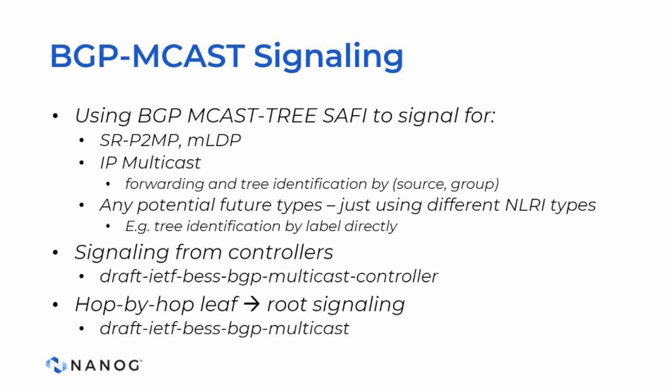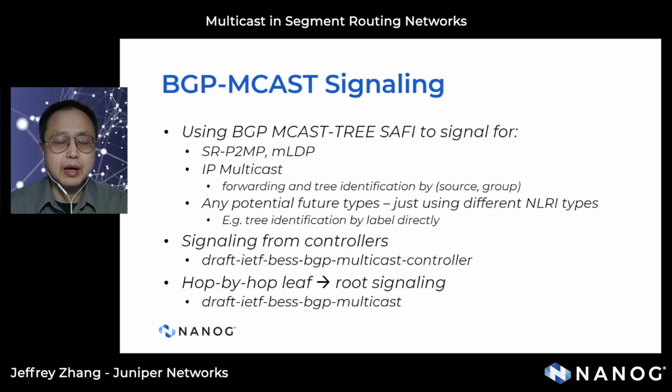We just use a different NLRI type to signal different trees. Then the rest of it will be identical, no matter what kind of tree we're setting up. The signaling can be from controllers, or can be from the leaf towards the root, hop by hop. There are different IETF drafts specifying the procedures for those two options.